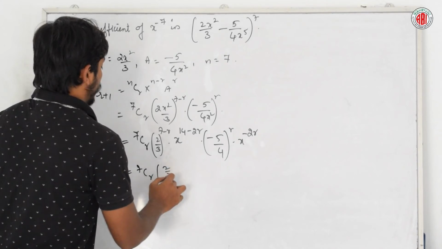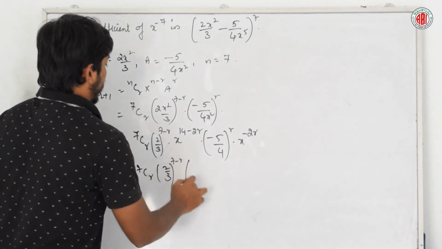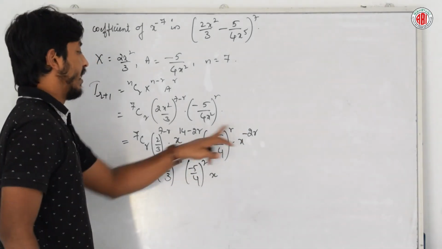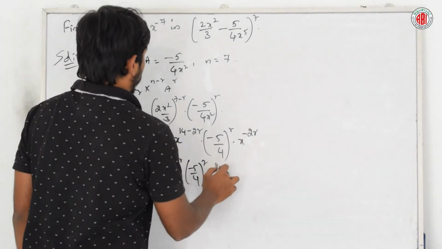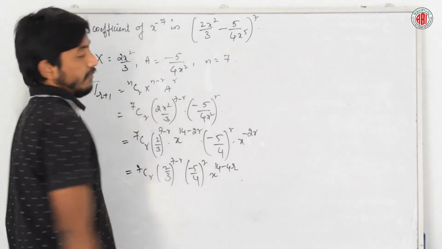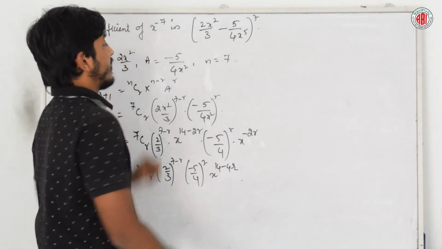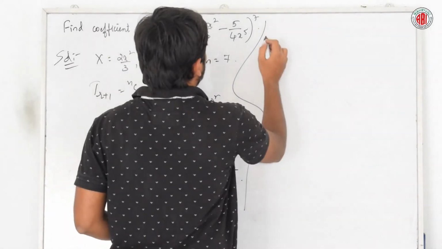7Cr (2 by 3) power 7 minus r (minus 5 by 4) power r x power 14 minus 2r is 14 minus 4r. Now in order to find the coefficient of x power minus 7, what we should do?